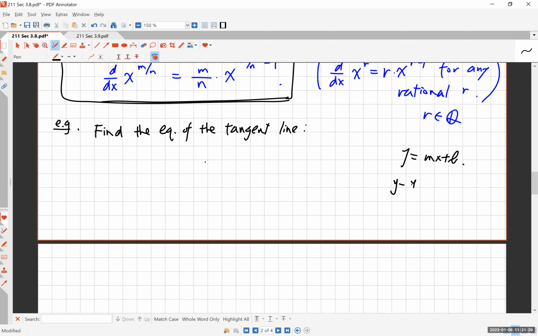But there's another one: once you are given a point on the line, (x1, y1), and the slope m is given, then the equation of the line is y minus y1 is equal to m times (x minus x1). This is not something that many students are familiar with. If you are competent with this, that's great. If not, you may as well learn this because we will be using this quite a bit. This is called the point-slope form of the equation of the line, right?